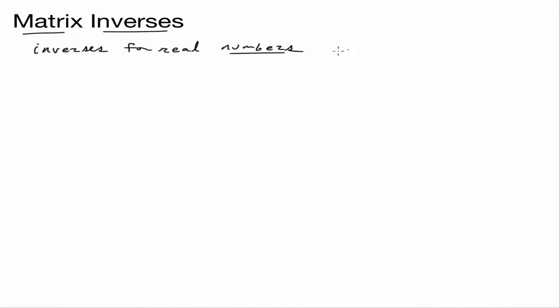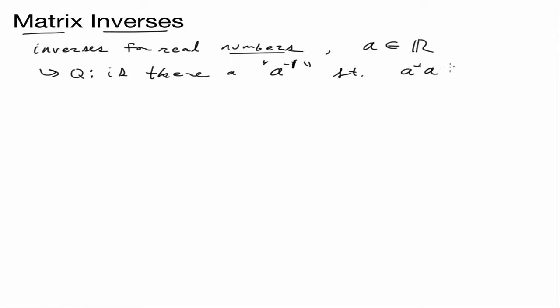So recall from a previous video where we were talking about real number algebra, we have an a, and it's an element of the real numbers, all right? The question then is, is there what we call A inverse, such that A inverse times A is equal to 1.